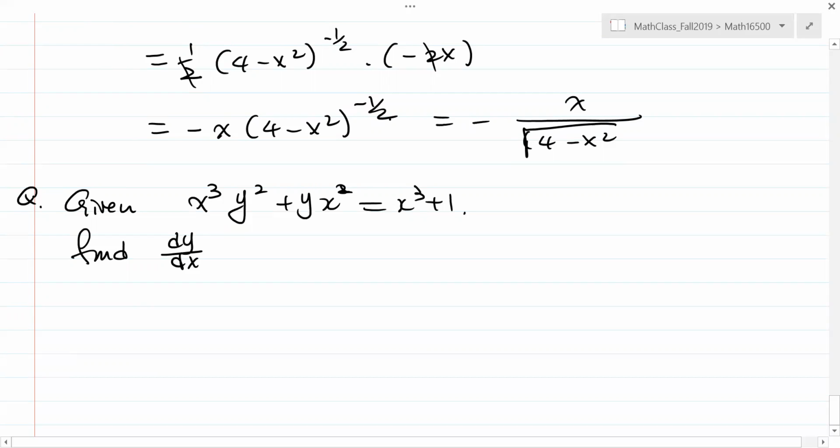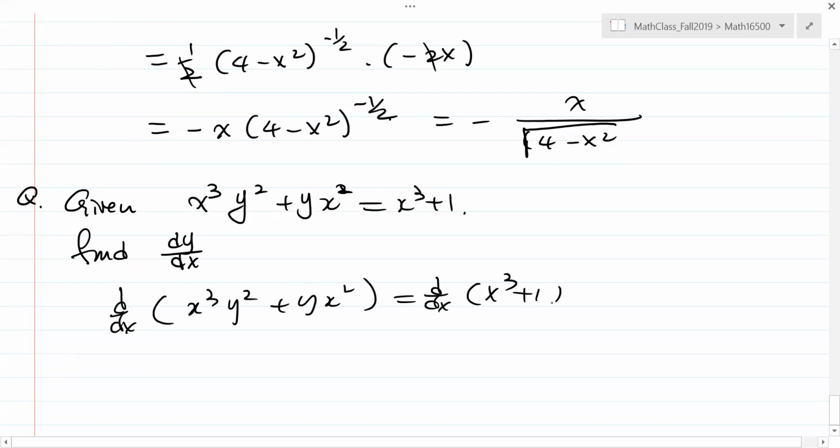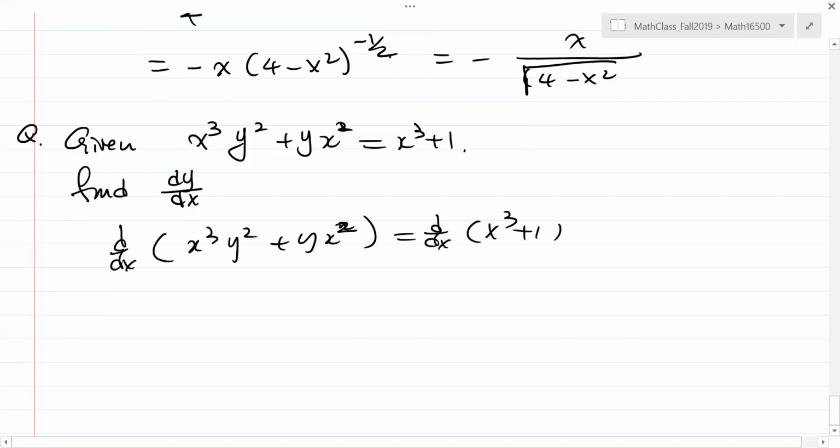If I change y squared to y cubed, then you're not able to use the quadratic formula to solve for y. So what you do is you differentiate both sides with respect to x. Then in your mind, you should view y as a function of x. Don't forget that.